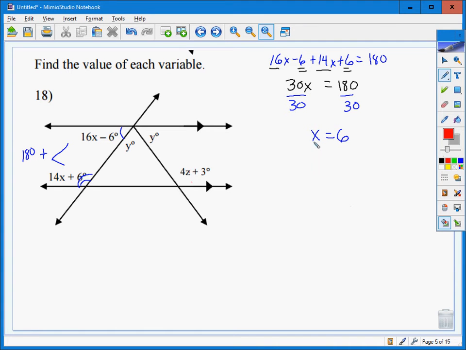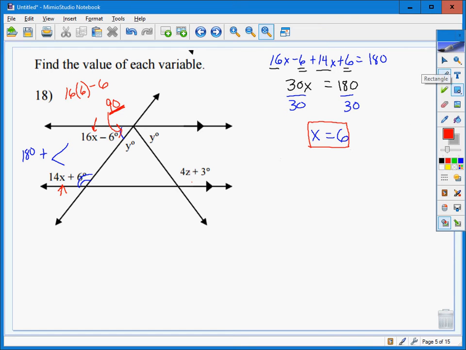Once you find the first value, plug it back into the places where x was. So this would be 16 times 6 minus 6, which happens to be 90 degrees. And I know that it doesn't look like 90 degrees in here, but it worked out to 90 degrees.